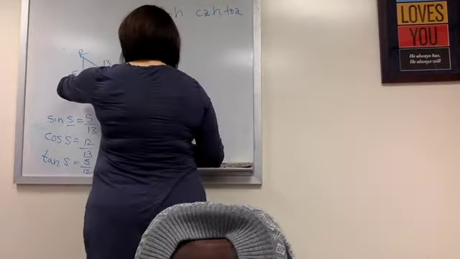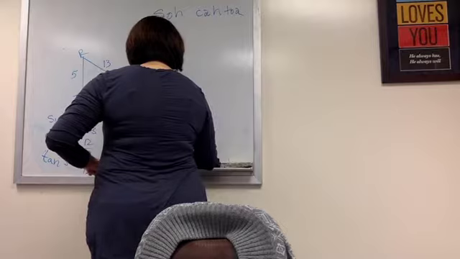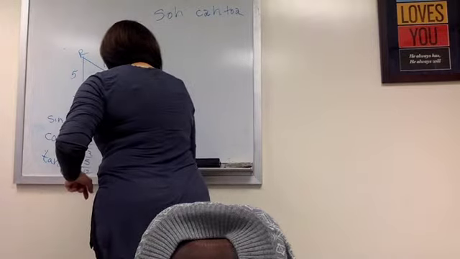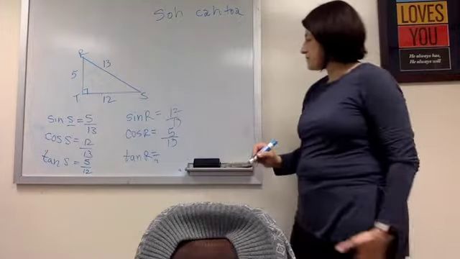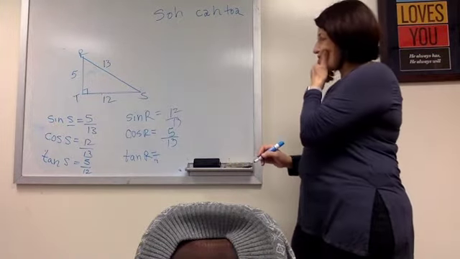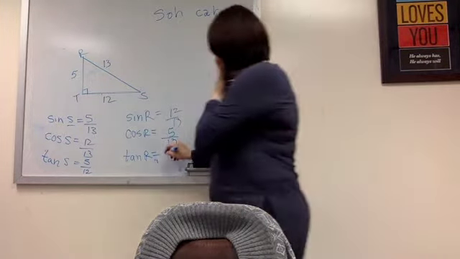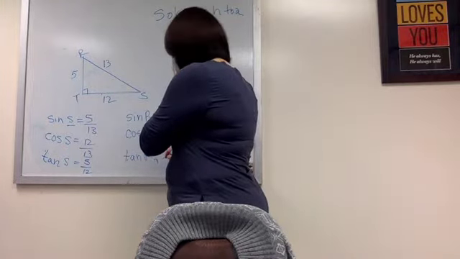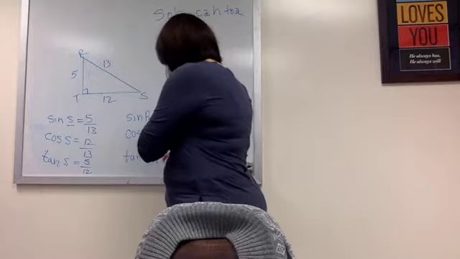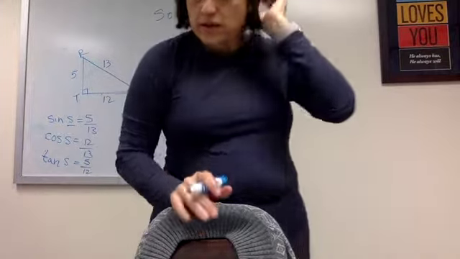So adjacent over hypotenuse. Okay, and then Abby, what is the tangent of angle R? 12/5. Yes, it's going to be 12/5.